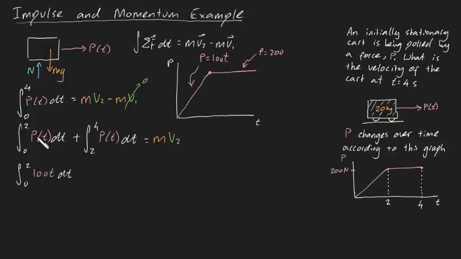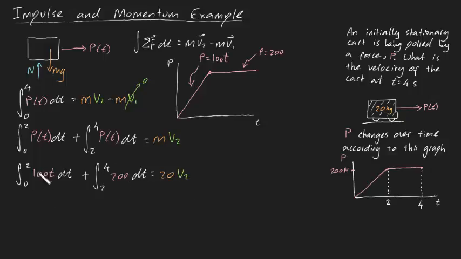That's the whole reason I split this integral into two separate integrals. And we add this to the integral from 2 till 4 of just 200 dt. Our right-hand side is going to be equal to 20 v2, since the mass of our cart is 20 kilograms.